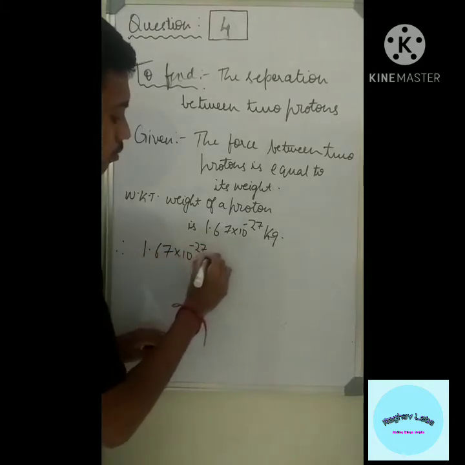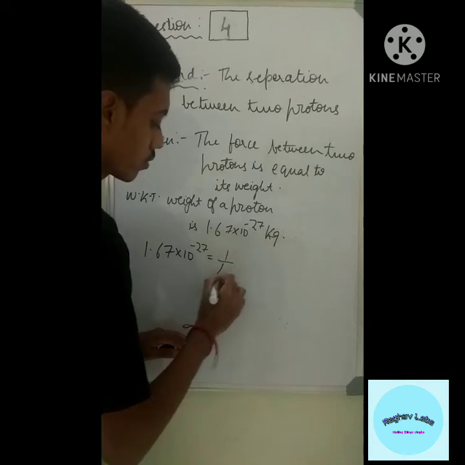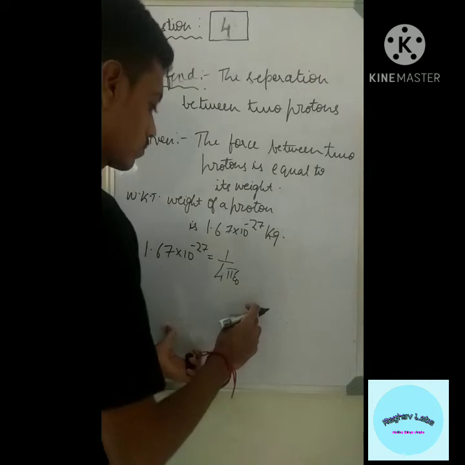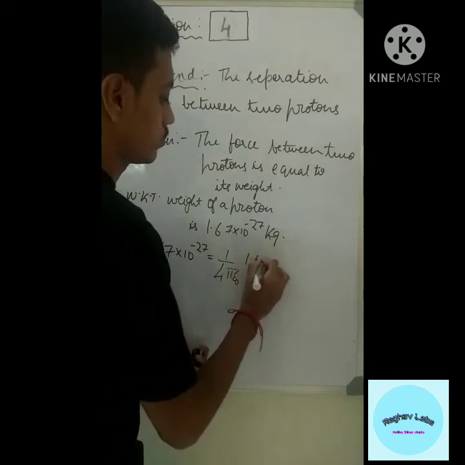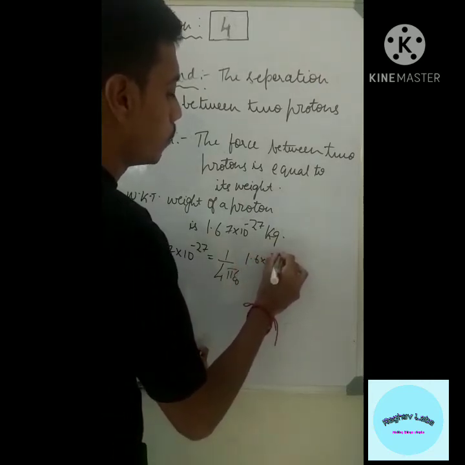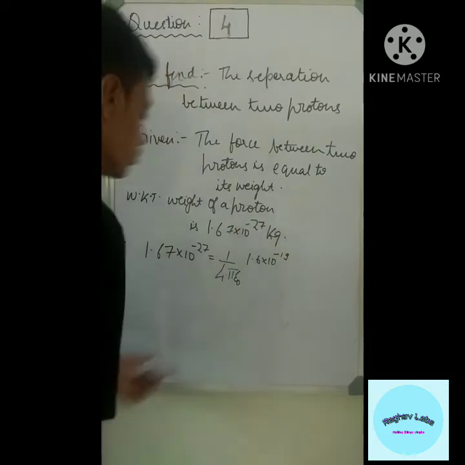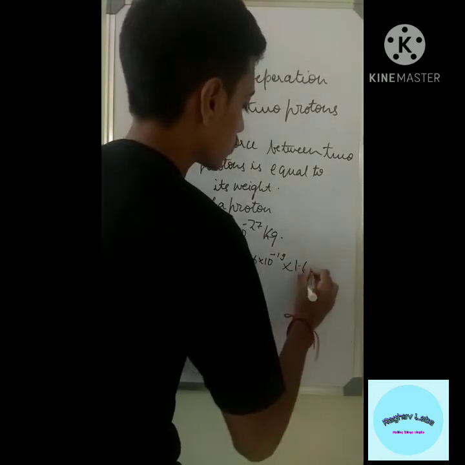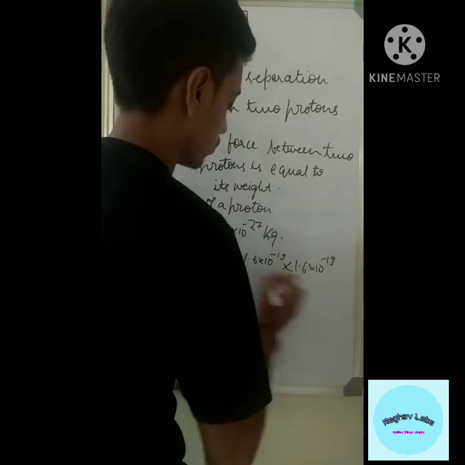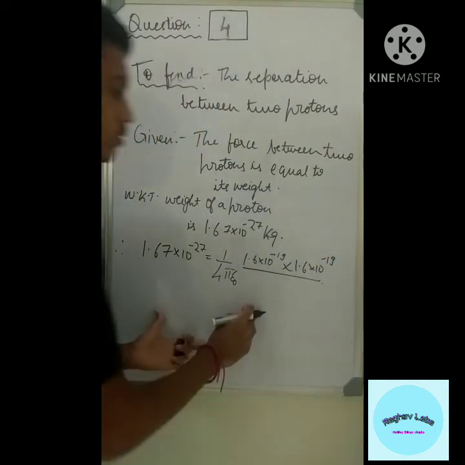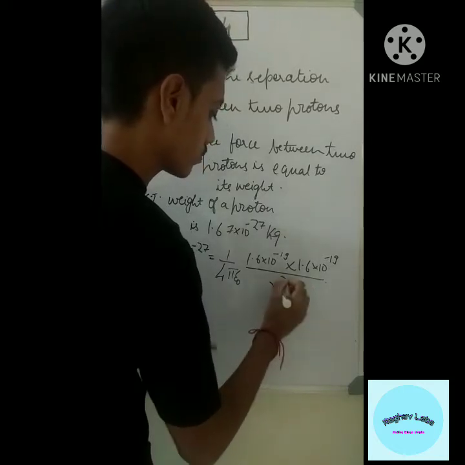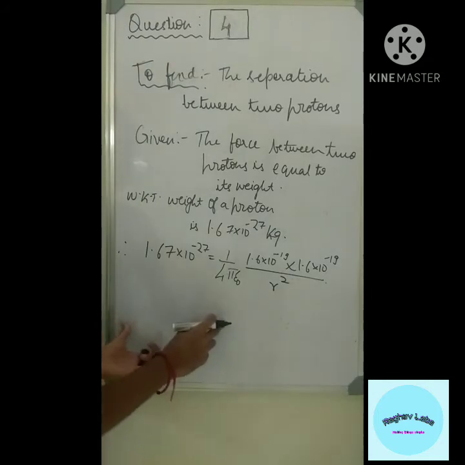1.67 into 10 to the power of minus 27 is equal to 1 by 4 pi epsilon naught into 1.6 into 10 to the power of minus 19, the charge of a proton, into 1.6 into 10 to the power of minus 19 divided by r square, which is the square of the distance between them.